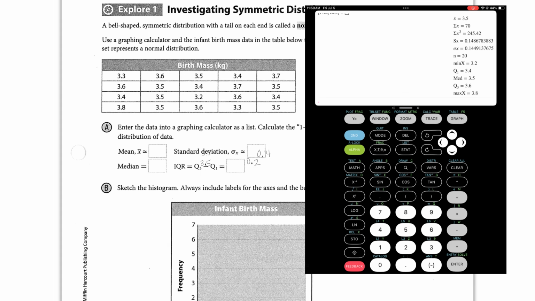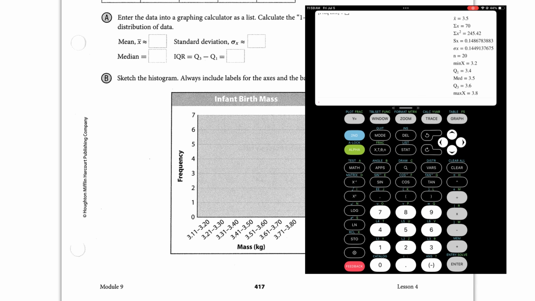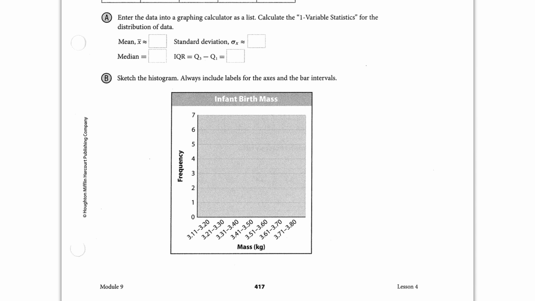All right, moving right along, it says sketch the histogram. Always include labels for the axes and the bar intervals. So how many are between 3.11 and 3.20? There is only the one, 3.2, so we're going to draw our bar up to 1.